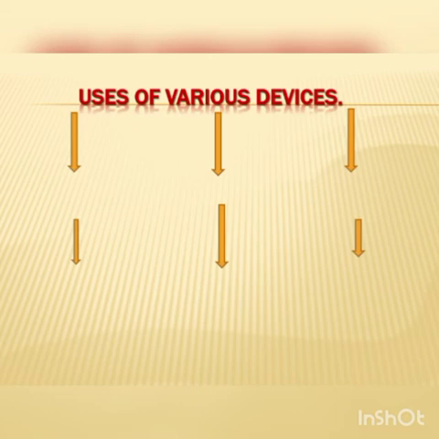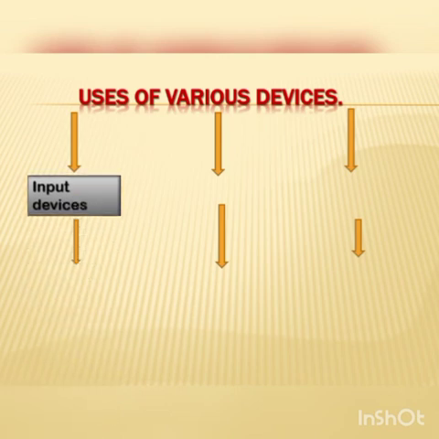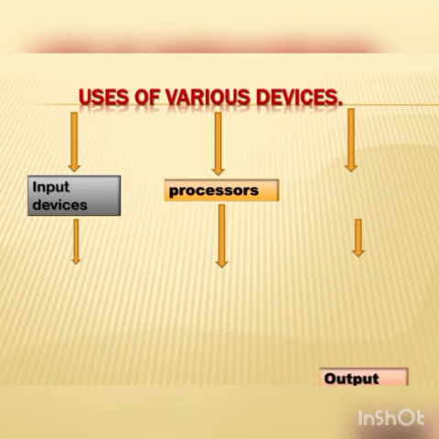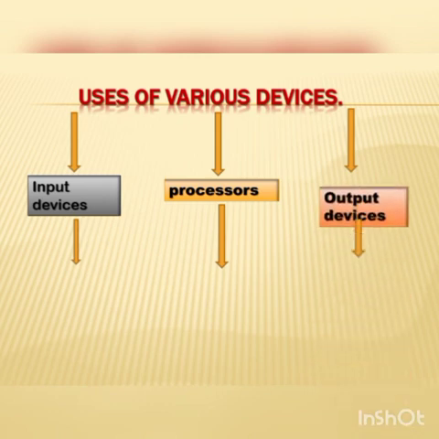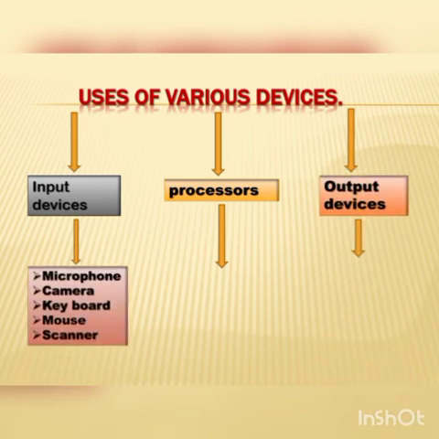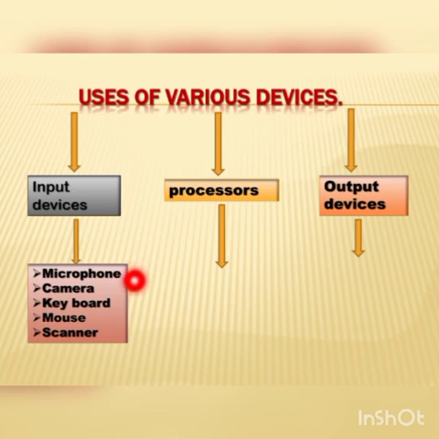Here, if we draw a concept web of the uses of various devices, then first of all input devices are there, then processors, and then output devices. And here are the examples of input devices: microphone, camera, keyboard, mouse and scanner.